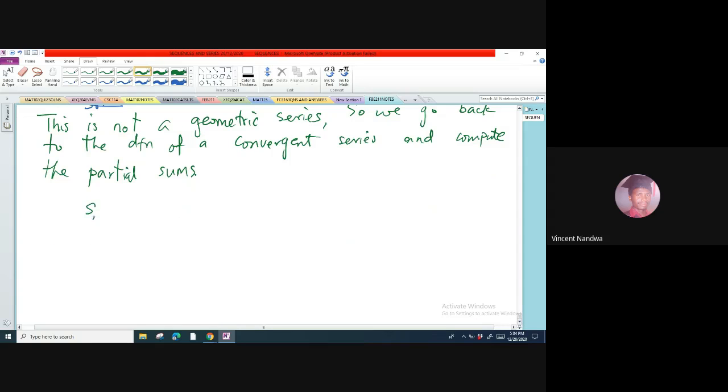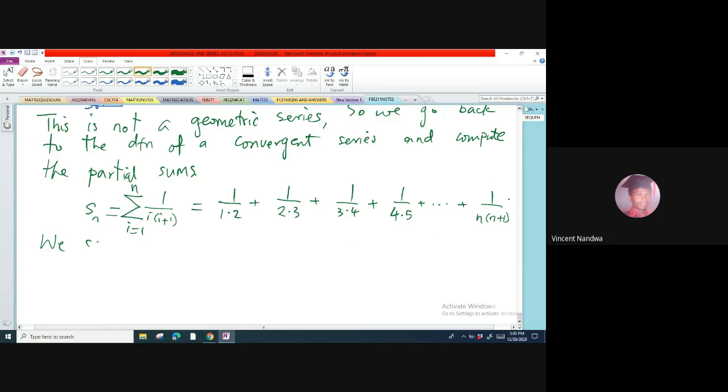So we have Sn equals the summation i from 1 to n, then we can simplify this expression.